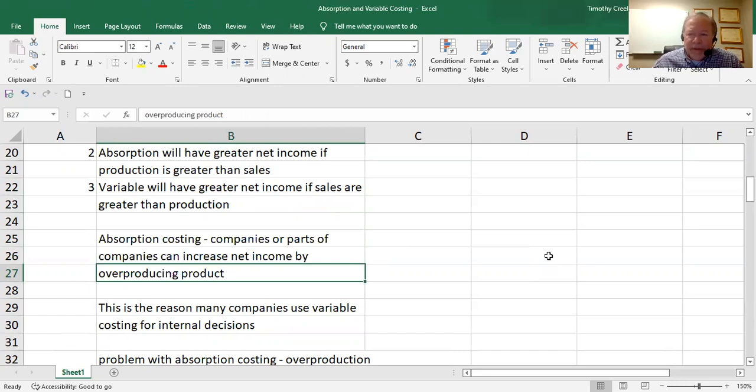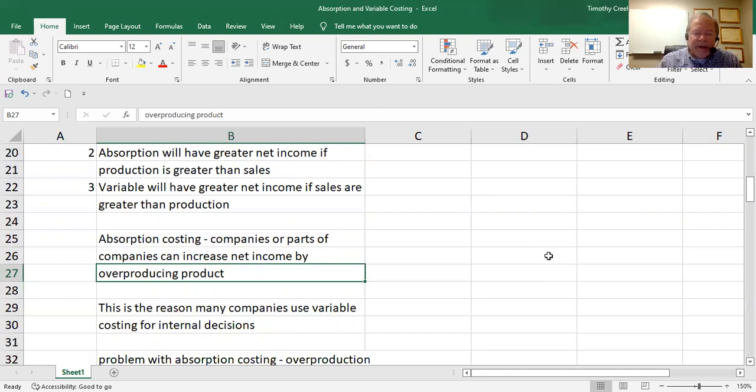Basically, what happens is when you overproduce, some of your fixed overhead costs, which are product costs under absorption costing, remain in inventory for whatever is not sold, but they're expensed off in total under variable costing, which can cause a difference between the two. And a company could actually benefit in their external reporting by overproducing.